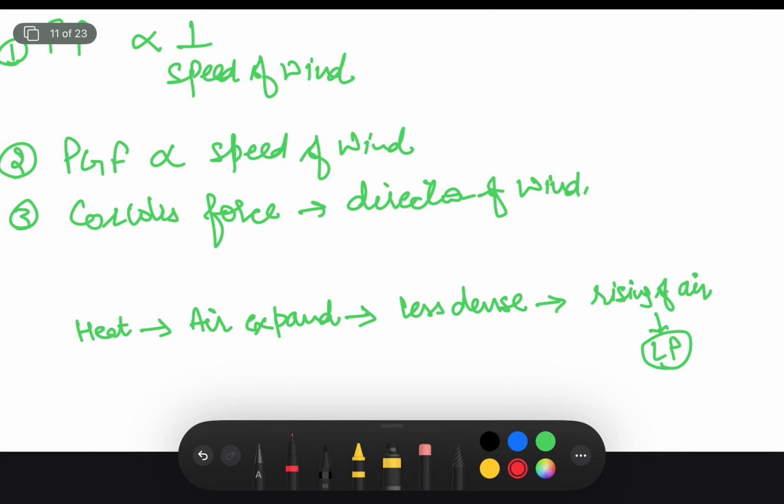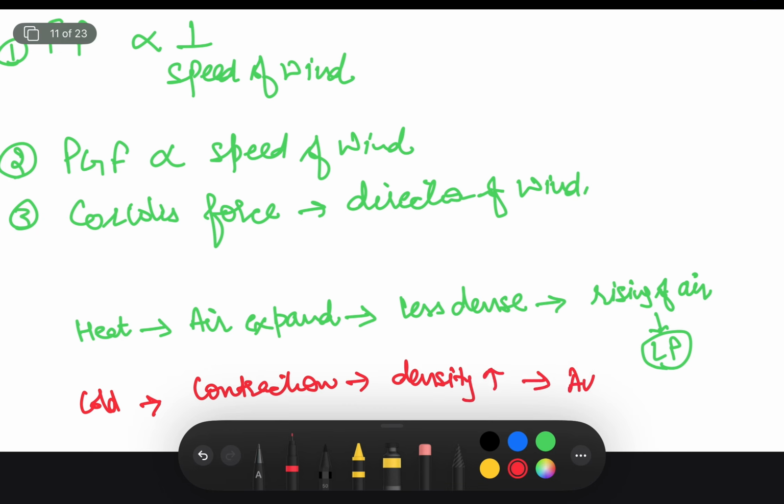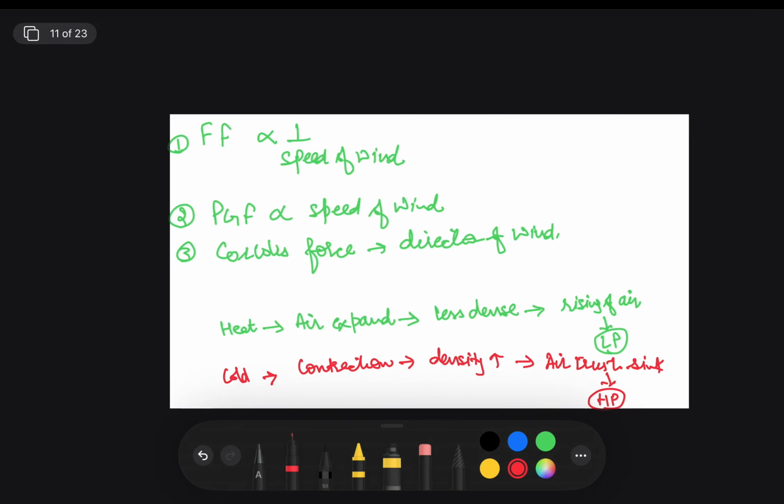And if we have the cold areas or cold temperatures, air will contract, that is contraction in air, density will increase. When the density increases, air will shrink. It will create high pressure. So these are the creation of the high pressure areas and the low pressure areas.